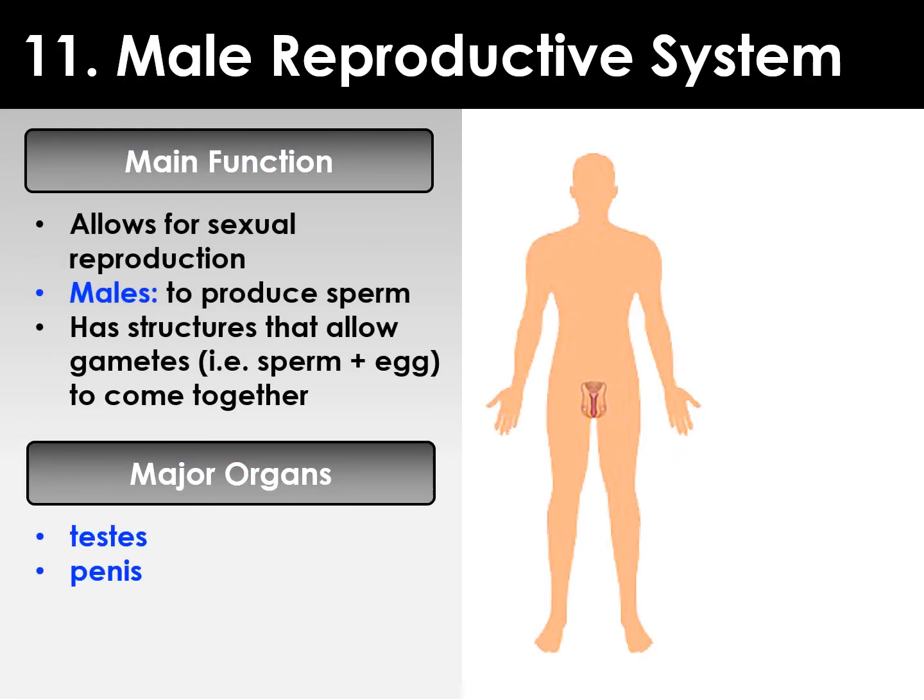The next system that we can consider is the male reproductive system. The male reproductive system allows for sexual reproduction. And in males, the gamete, or the sex cell that is produced, is known as the sperm. The major organs of the male reproductive system are the testes and the penis.